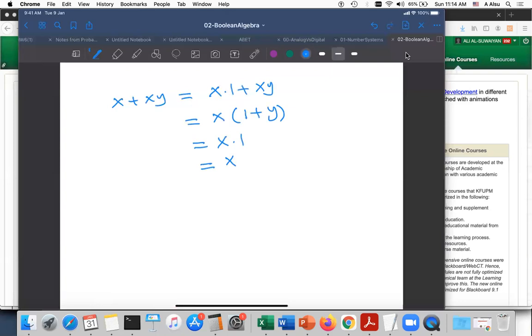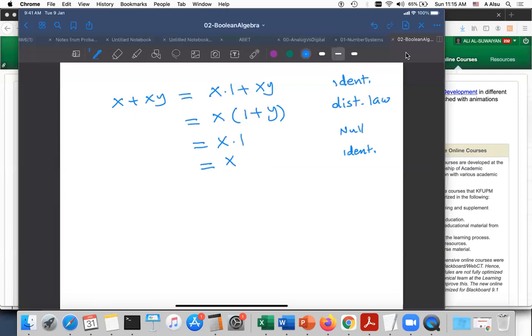Do you see how? So this step is because of identity, then this is the distributive law, and then again null, and then identity.